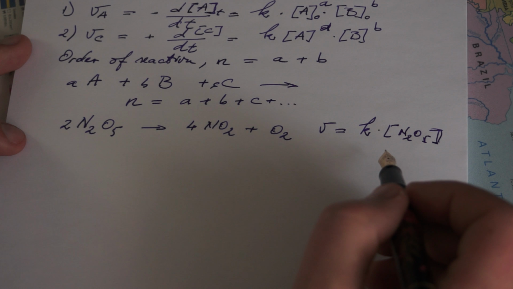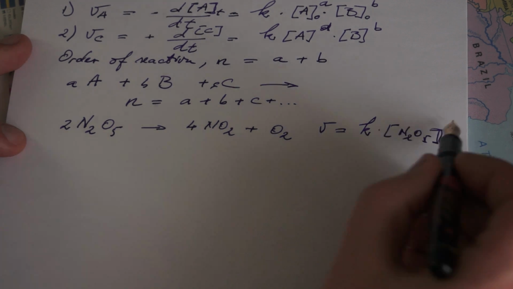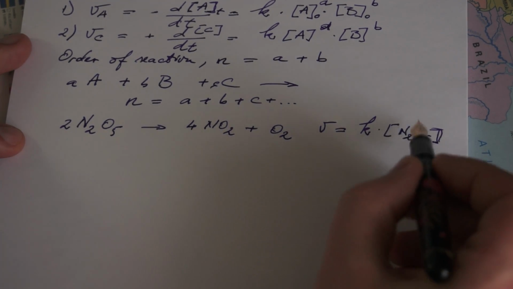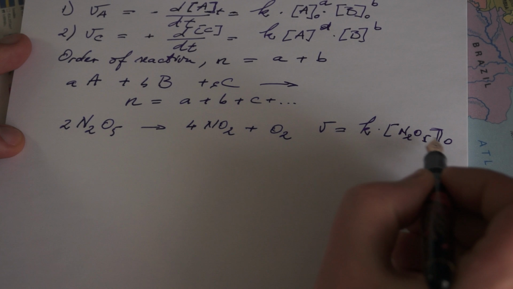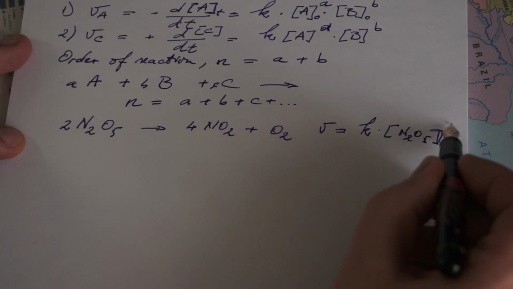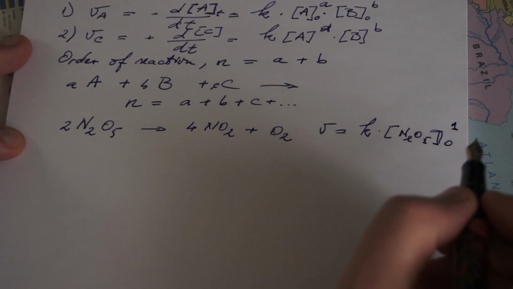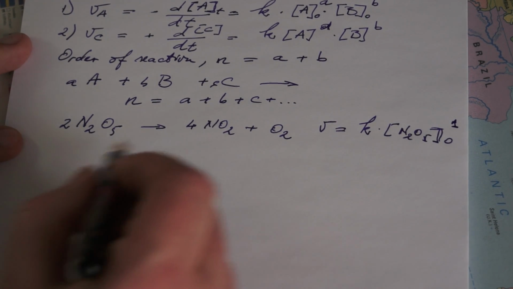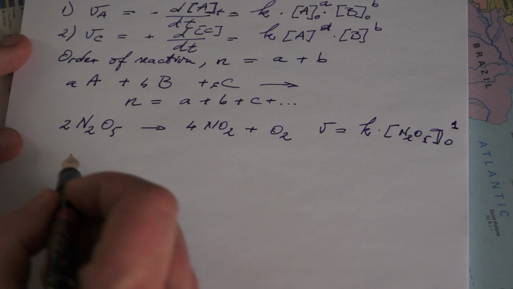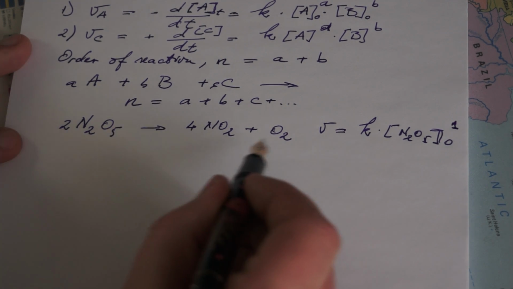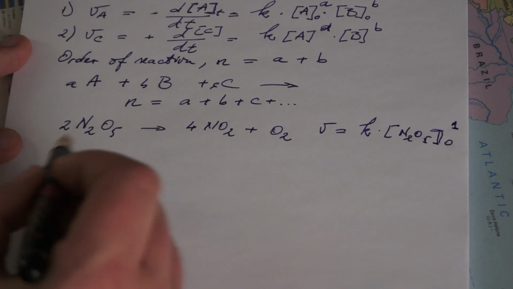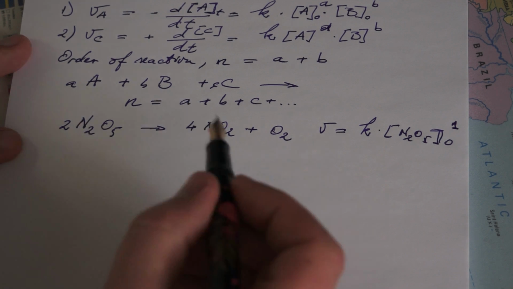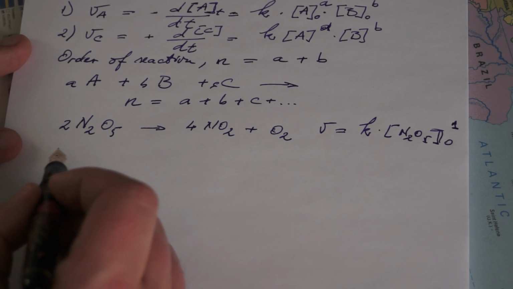However, it's interesting to note that here the power of the initial concentration of nitrogen pentoxide, I took it as 1. The reason is that the decomposition is happening from a single molecule and not as a consequence of the collision of two molecules.